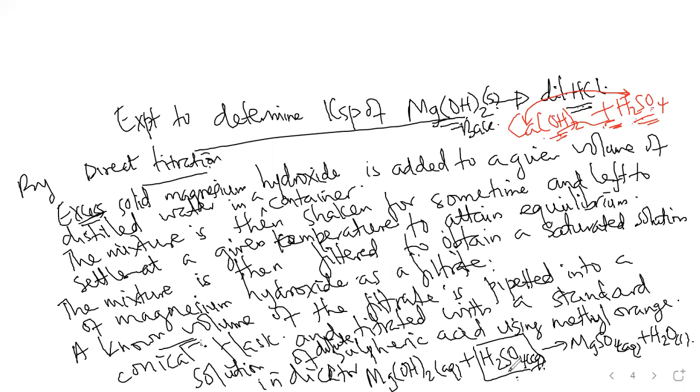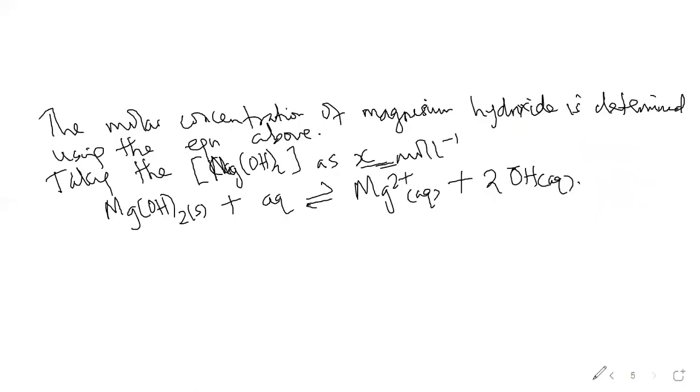However, everybody knows that you have the volume of sulfuric acid that reacted. If you have the volume of sulfuric acid that reacted, calculate the number of moles of sulfuric acid, because its concentration is known, it's a standard solution as we have seen in our experiment. Using molar ratio, get moles of magnesium hydroxide reacted. Those moles are the ones in the known volume used, then you get the concentration of magnesium hydroxide. I hope I'm understandable there. So that gives us the molar concentration of magnesium hydroxide, and we assume after the calculation it is x moles per liter.